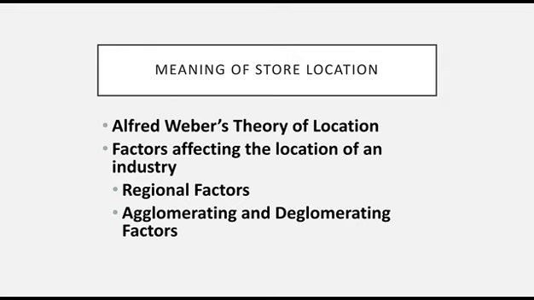He has classified raw material into pure and weight losing. The former group includes cotton, wool, while the latter group includes materials such as coal and other minerals or sugarcane, etc. The weight losing material exerts greater force in attracting industry to their place of deposit.